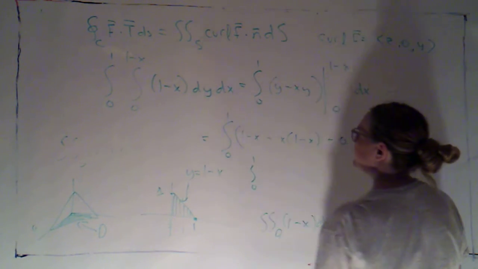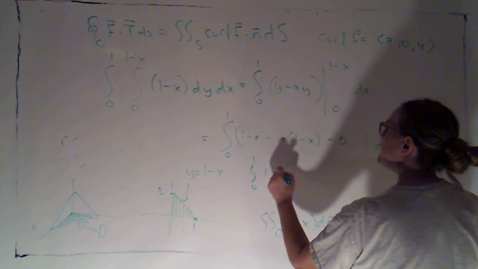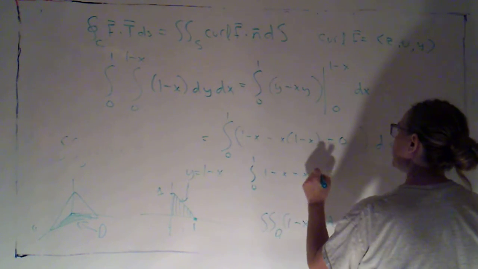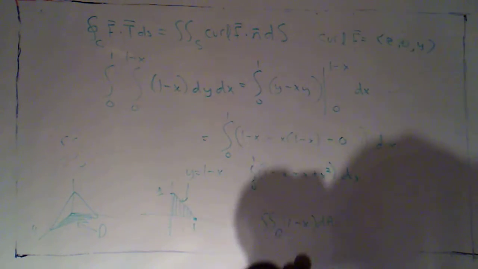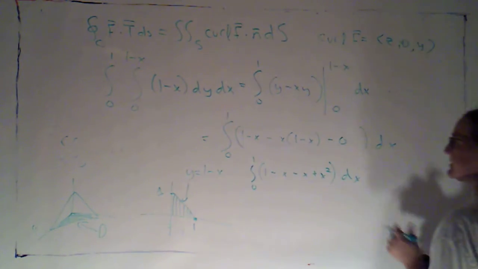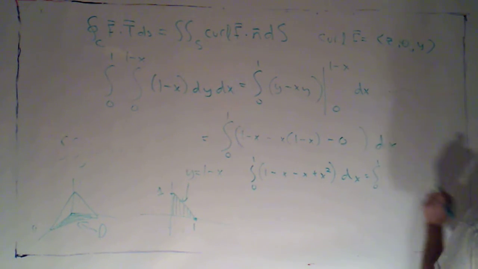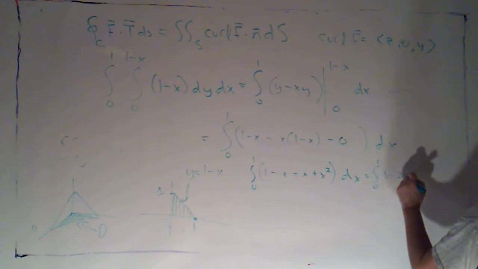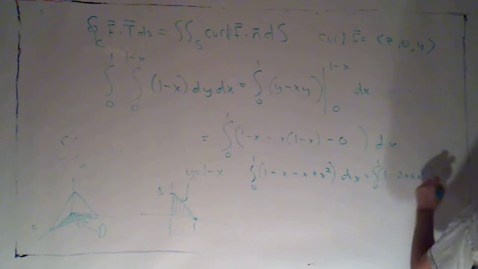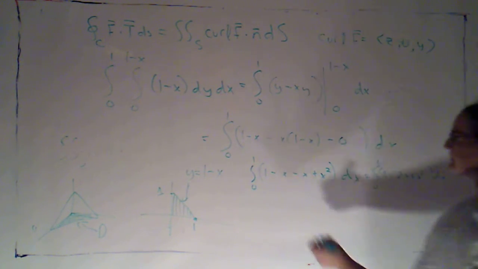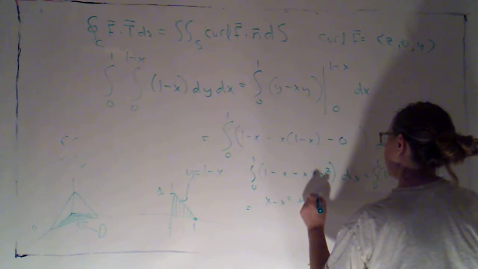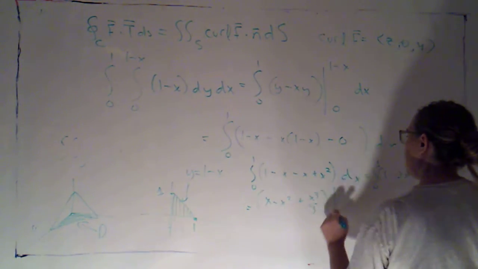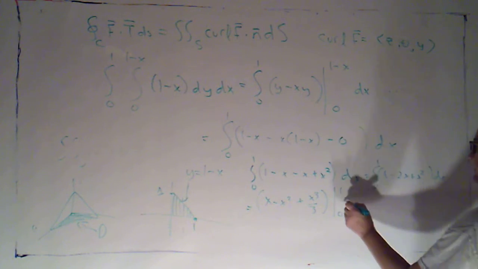So that's the integral from 0 to 1 of 1 minus x plus x squared, just distributing that negative sign. And then I can consolidate some like terms, so it's the integral from 0 to 1 of 1 minus 2x plus x squared dx. So that's x minus x squared plus x cubed over 3, all evaluated between 1 and 0.